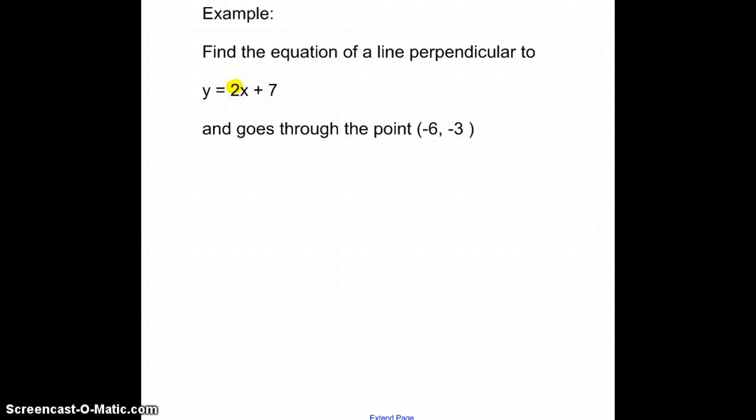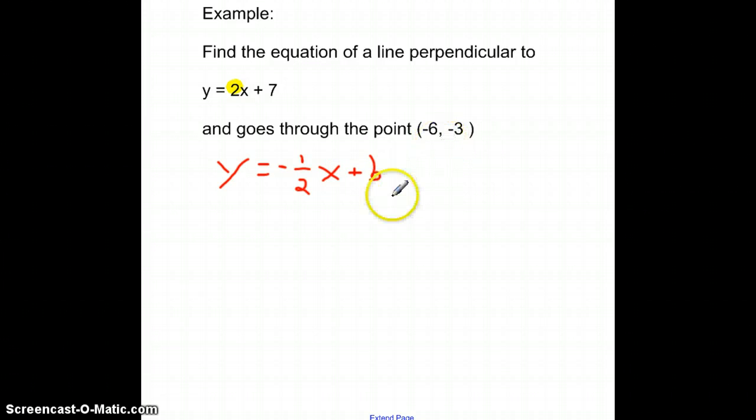So if we have a line that is perpendicular, we should know that our slope is going to be negative 1/2. Because we flip the slope and we change the sign of it. So it was positive 2, so we flip it so it's 1 over 2. This was positive, we make it negative. And I'm just writing this all out, and then we'll plug in here.